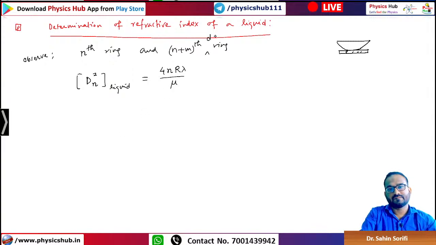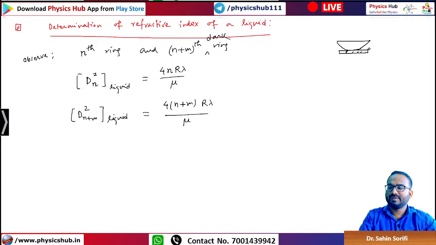For the dark ring, dn plus m whole square of the liquid, the 5th and 15th, let's say. This will be 4 times n plus m r lambda by mu.